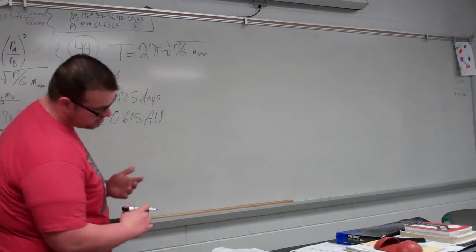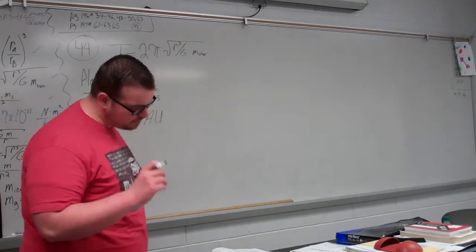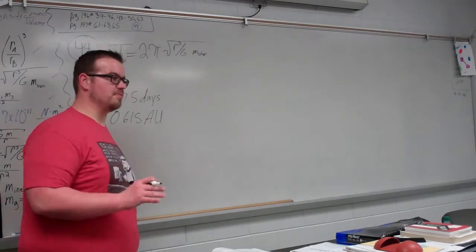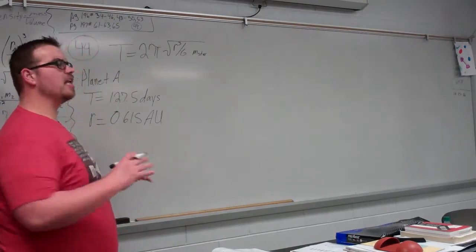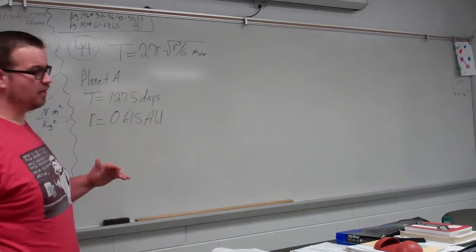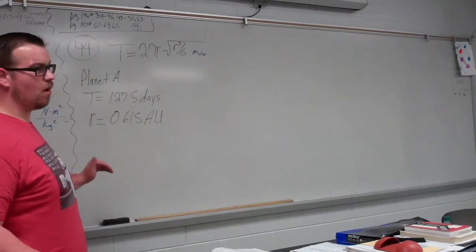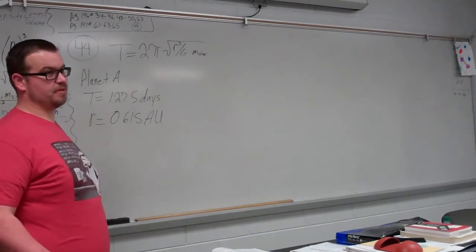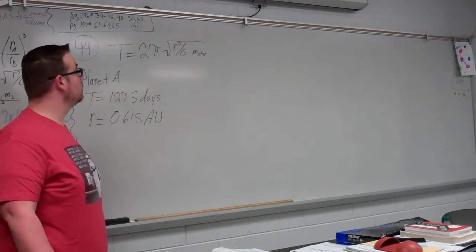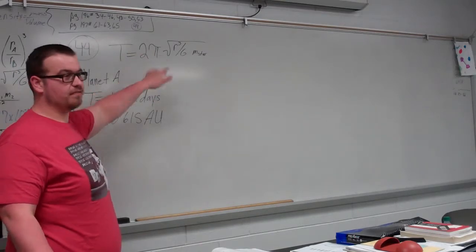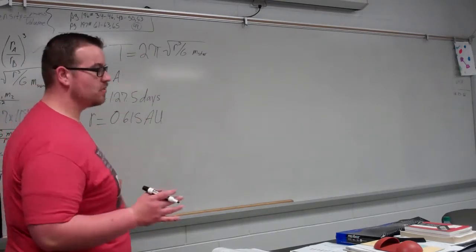Now in this question they are asking you the mass of the star in units of the sun's mass. Before we do anything with the sun's mass, let's find the mass of this star, and we're going to try to do it in kilograms. So, let's do it with the formula first. Let's try to get the formula by itself. I need the mass of the star by itself.